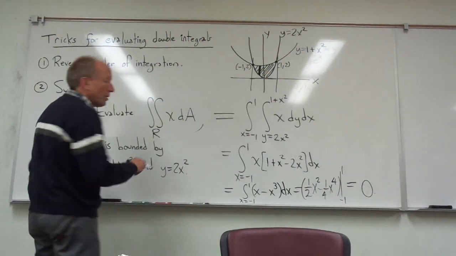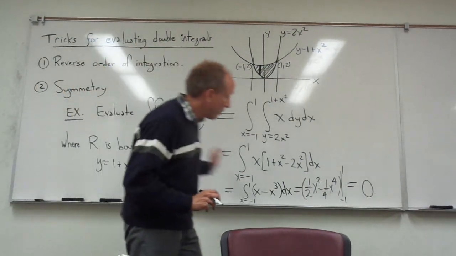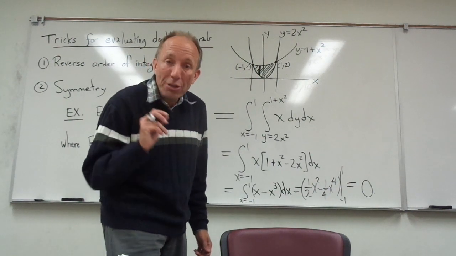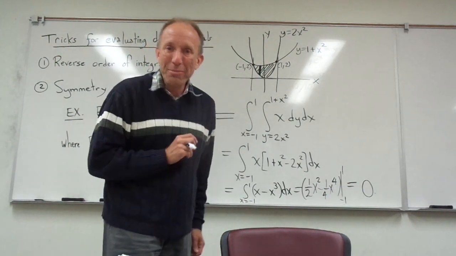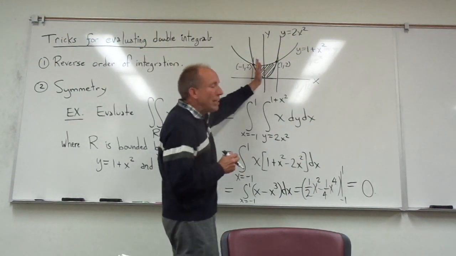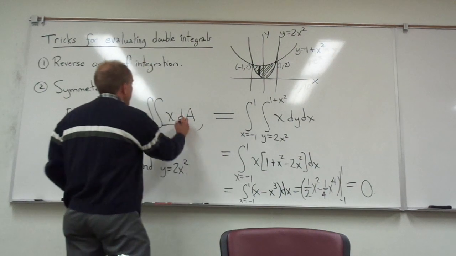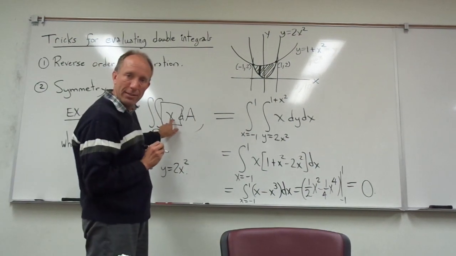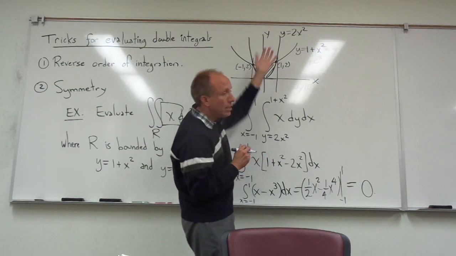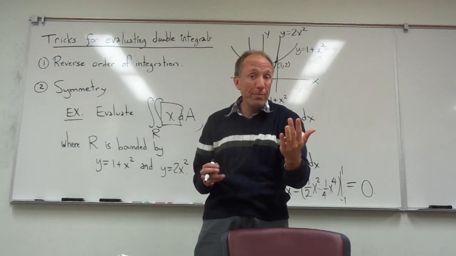But my point is not all of this work. My point is that I already knew that the answer was going to be 0. How come? Well, look at the region and look at the function that you're integrating, x. Would you agree that on the right half of this shaded region, x is positive?